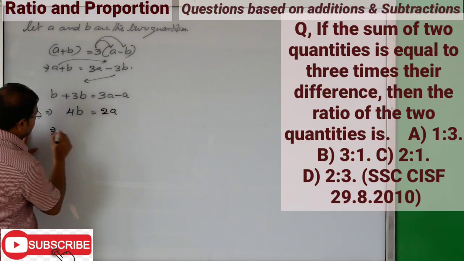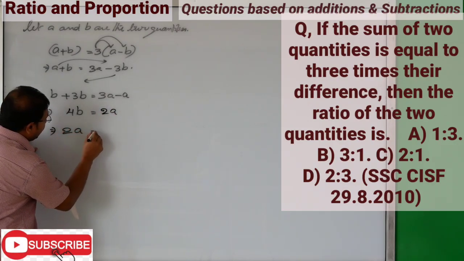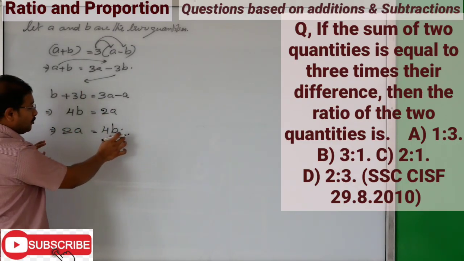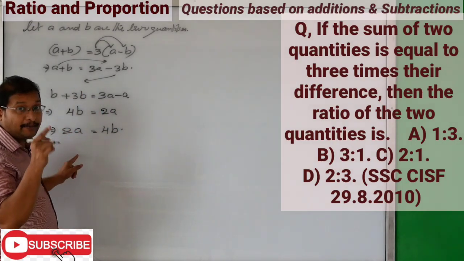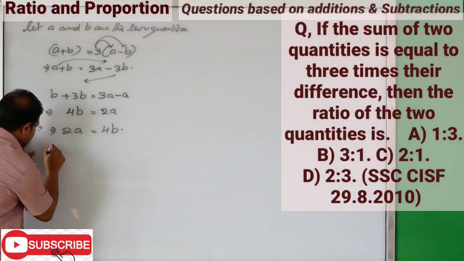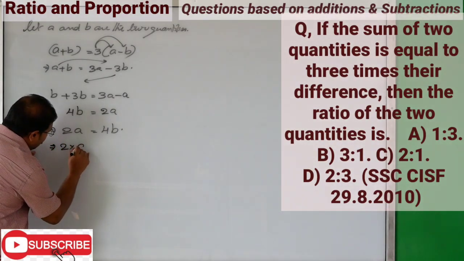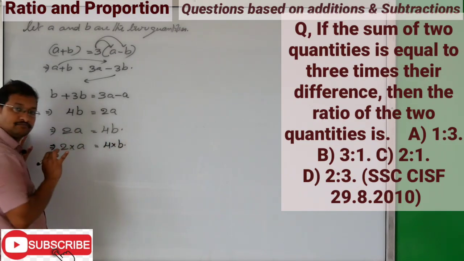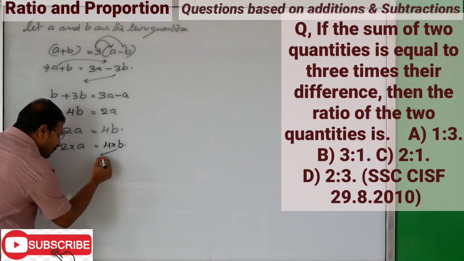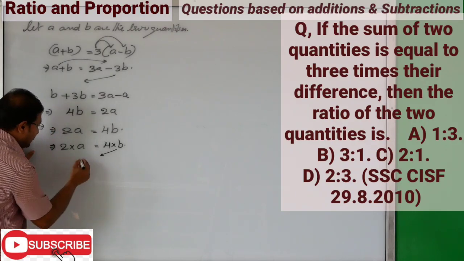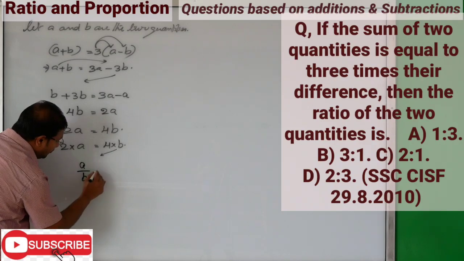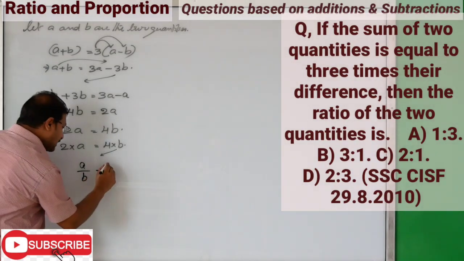So this implies, if you want, you can write 2A equals 4B. See, first I am writing 2A equals 4B because we want A by B, isn't it? So 2 into A, 2A means 2 into A, and 4 into B, that is 4B. Ready? Now this B multiplication goes to the next side as divide. That means I will write here A divided by B equals 4, which is already here.